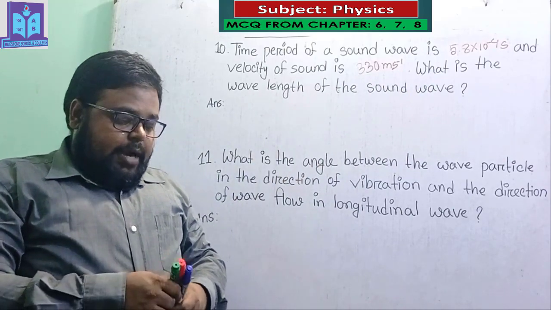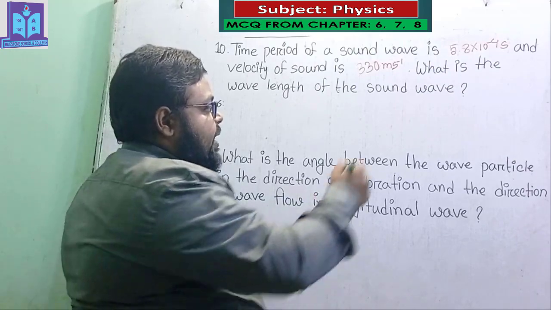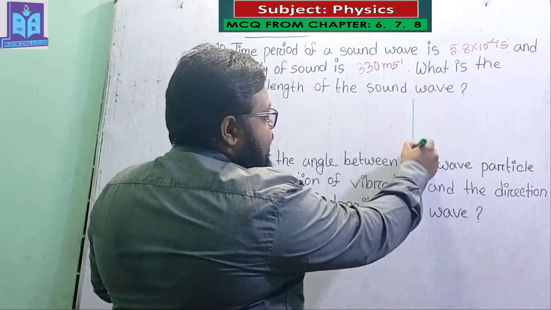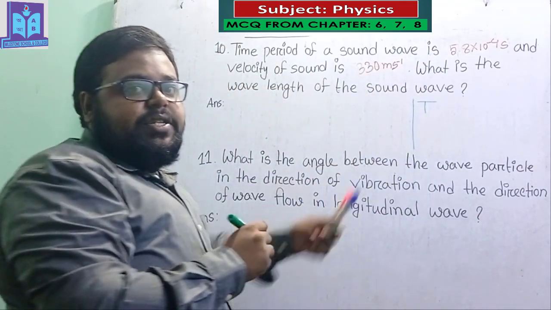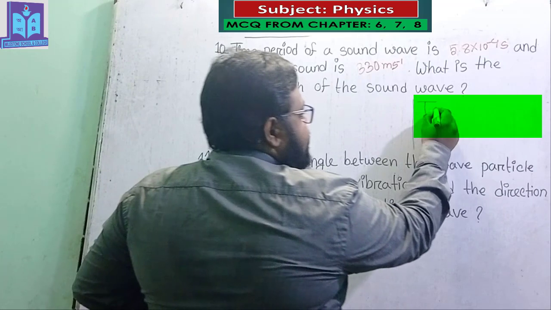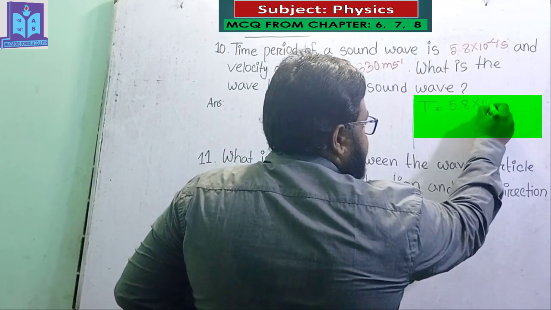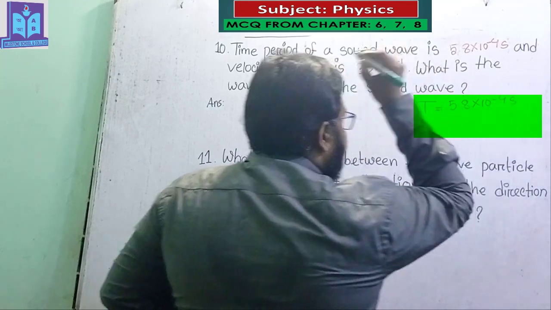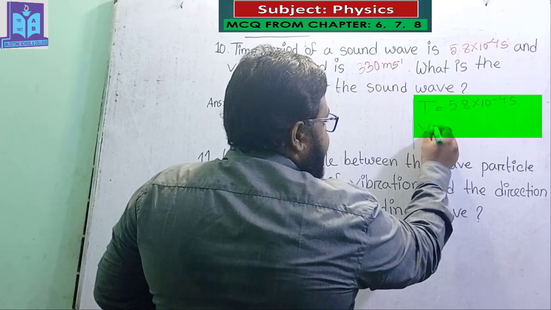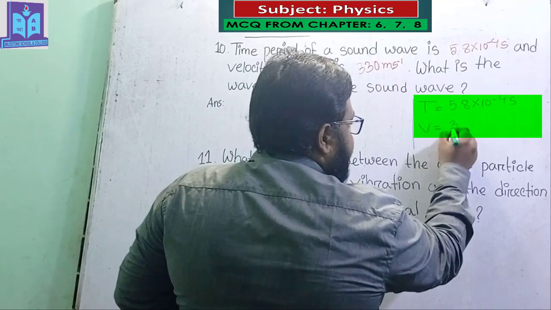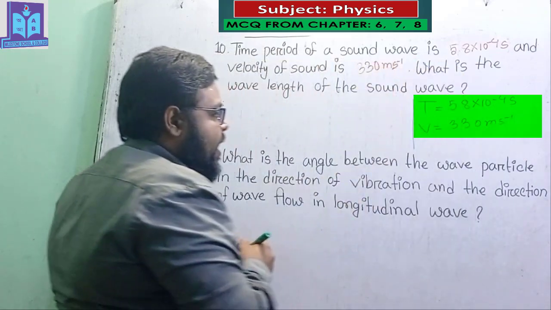At first I have to write the given values. The time period is denoted by T equals 5.8 into 10 to the power minus 4 seconds, and the velocity is denoted by V equals 330 meter per second.